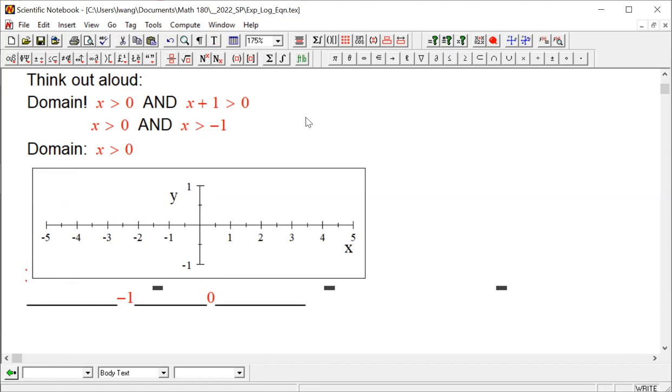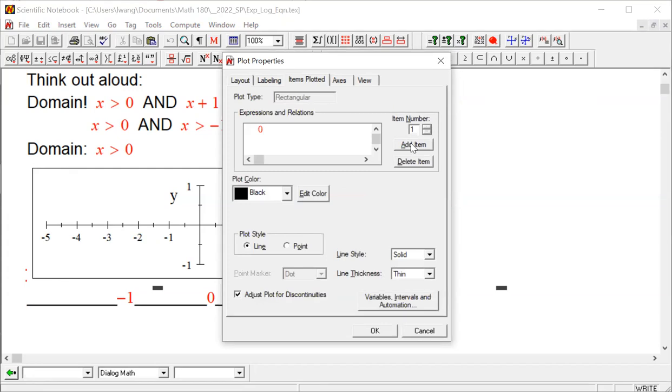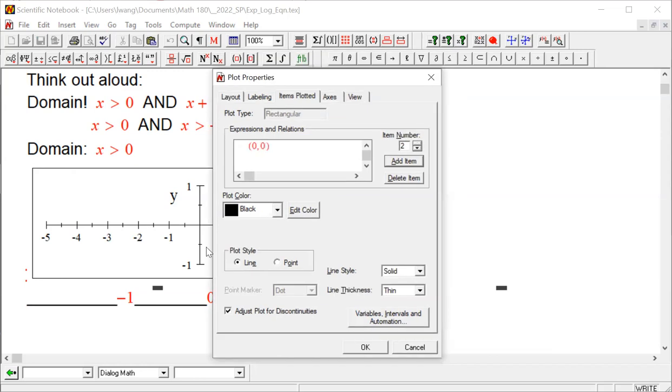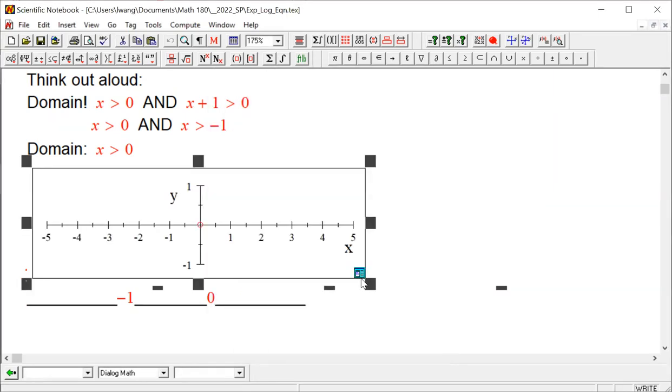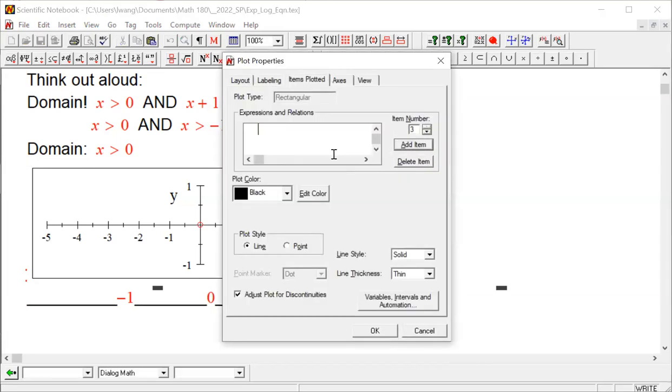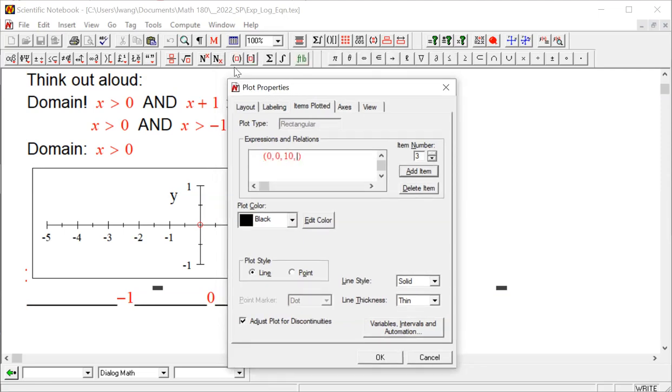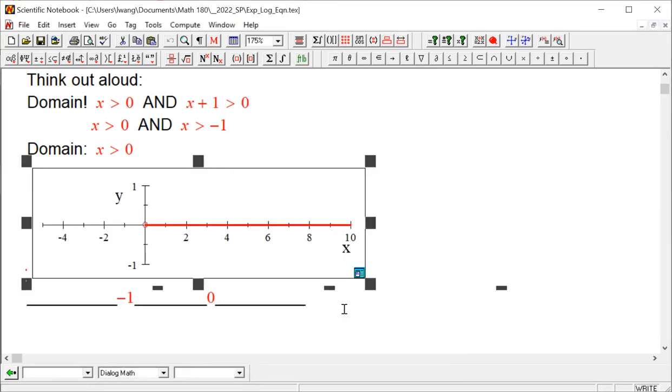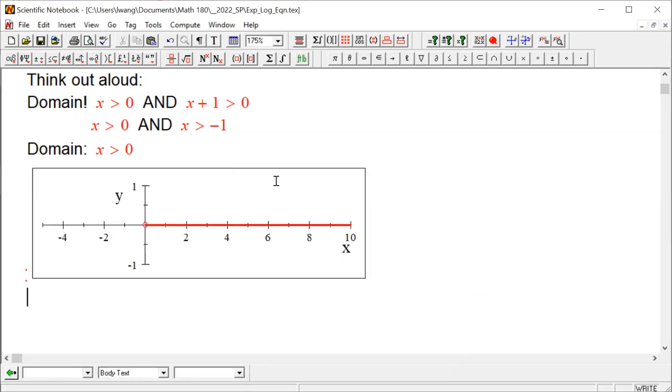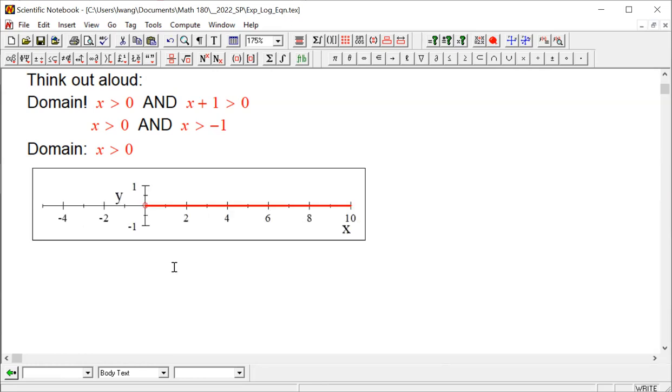I'm going to add a point at 0, 0, because 0 is not included, so it's going to be a circle, and to the right of 0. That's going to be the domain that shows up on the number line. I'm going to remove these and make this more like a number line.